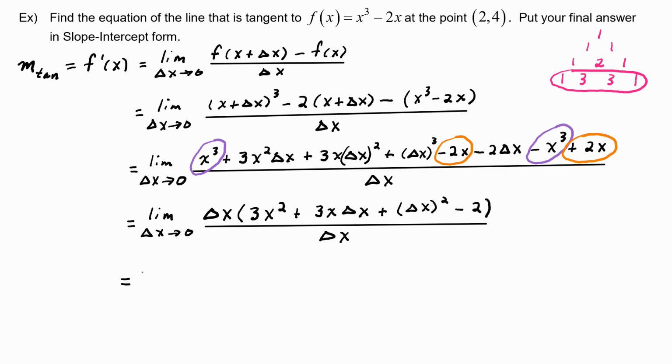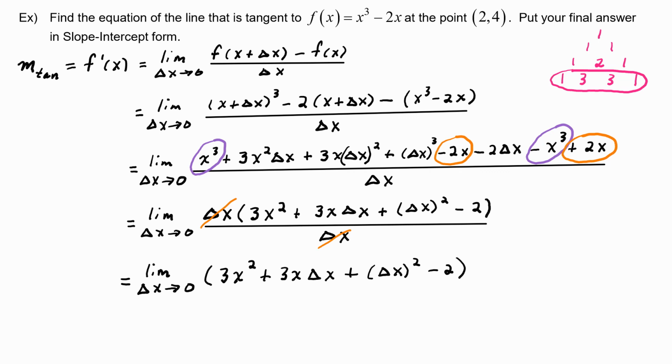This will equal the limit as delta x goes to 0. So now, of course, this delta x in the numerator and this delta x in the denominator are going to cancel. And we have 3x squared plus 3x delta x plus delta x squared minus 2.